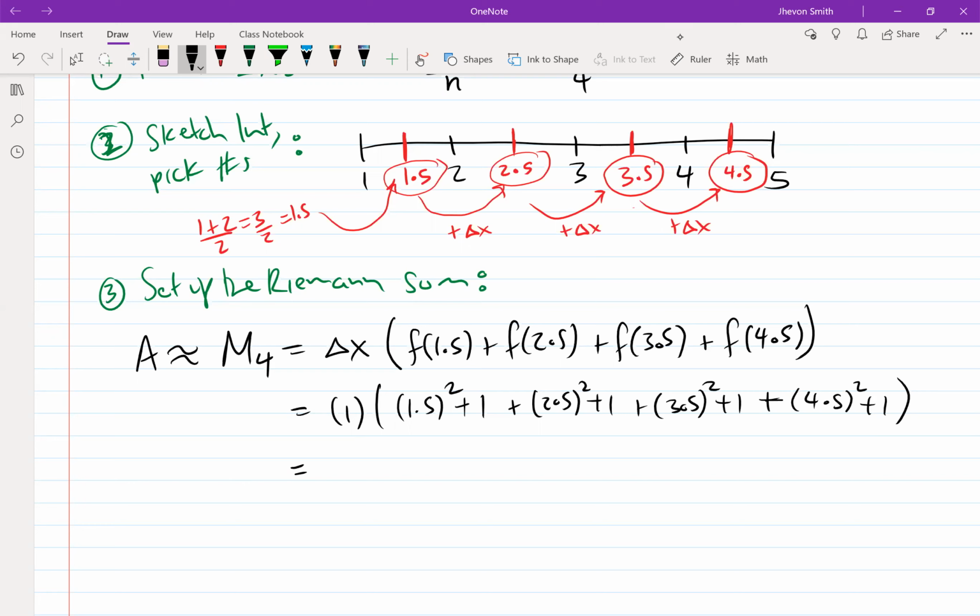So that is around 45. So it's in between the left and the right hand for this particular example.